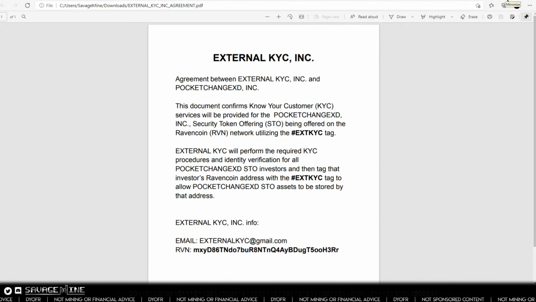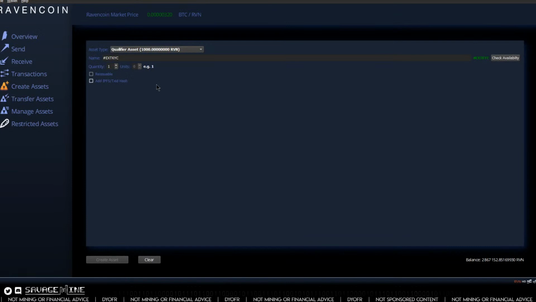But what we want to do is include this official document in IPFS, Interplanetary File System, so that we can attach it to this qualifier asset. So this is basically a way of adding a document permanently on the blockchain to this tag. This can help identify what this actually is.